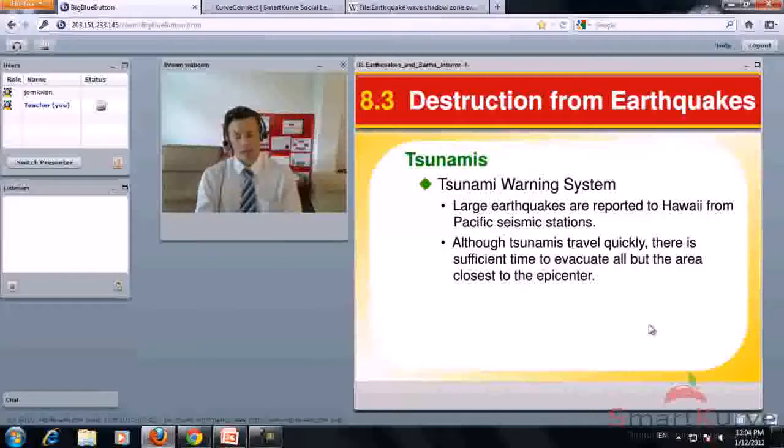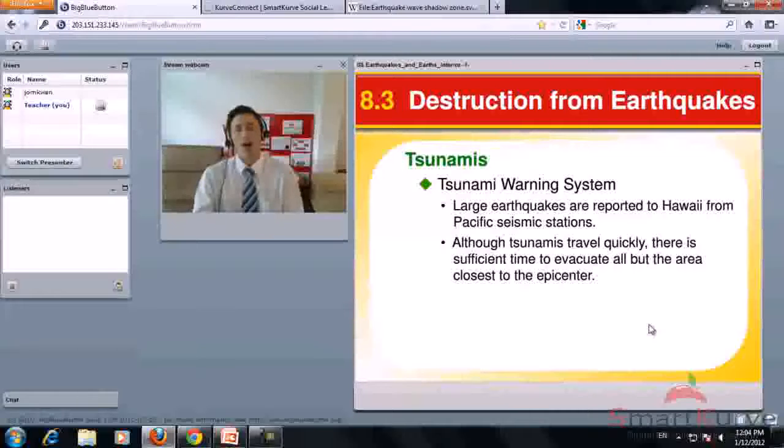One of the reasons that we can evacuate for a tsunami is that tsunamis can do a lot of damage, but they only do damage within a few hundred meters. As long as everyone moves a kilometer or so away from the sea, there's no danger in a tsunami.